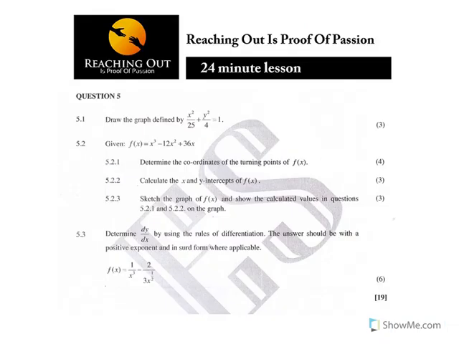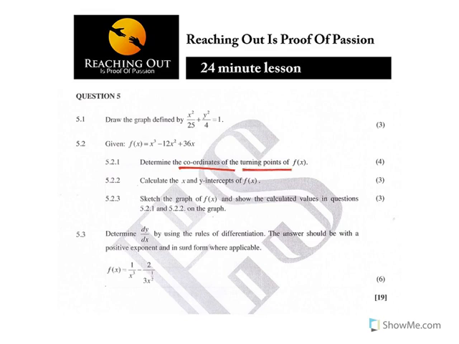Let us move on to the other question. It says given that f of x is equal to x cubed minus 12x squared plus 36, determine the coordinates of the turning points of f of x.